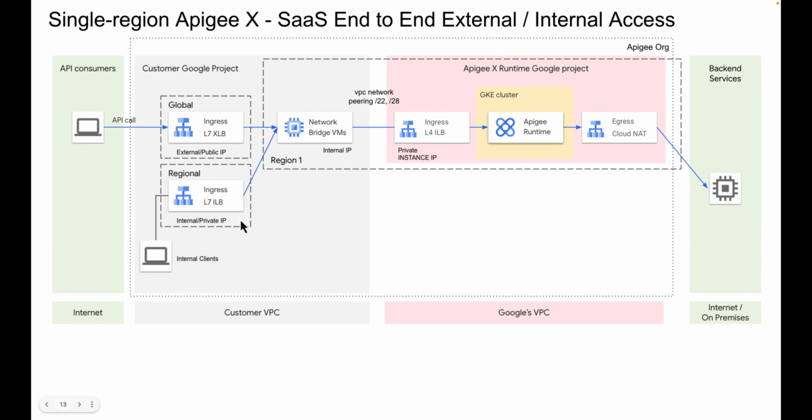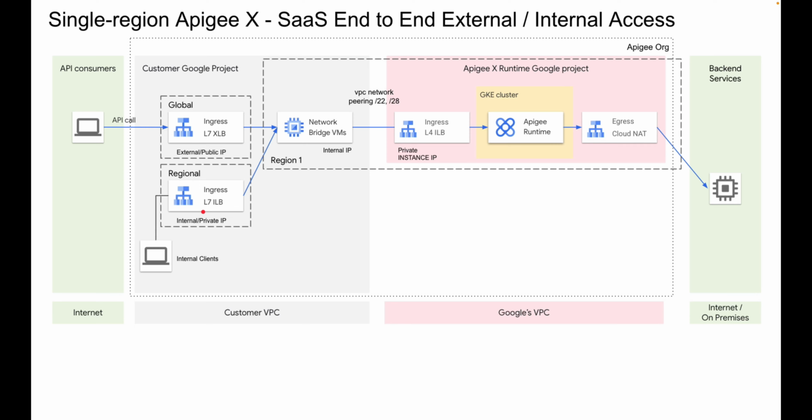Of course, it's possible to create a different type of load balancer here. We mentioned until now the L7 external load balancer in order for external client applications to be able to access APIs exposed on Apigee through this external entry point. But some other ingress can be implemented, like the L7 internal load balancer, which is regional, but that can also be set with a global access.